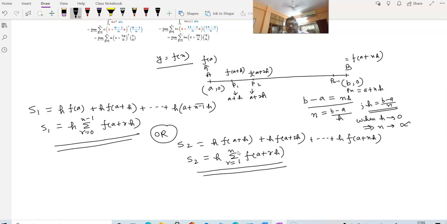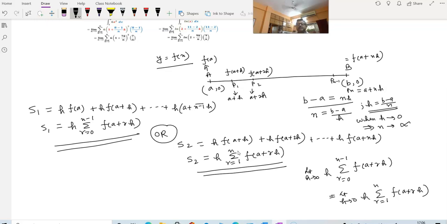So under the condition limit h tending to 0, h sigma r equal to 0 to n minus 1 f(a plus rh) will be equal to h multiplied by sigma f(a plus rh), and this will be referred to as the integral from a to b of f(x) dx.